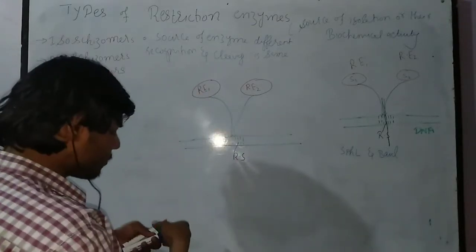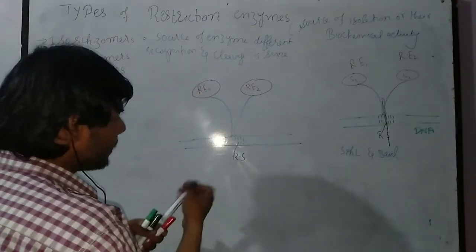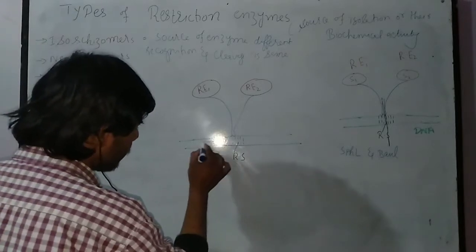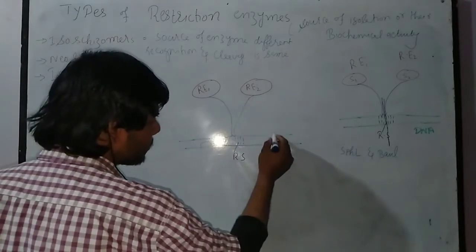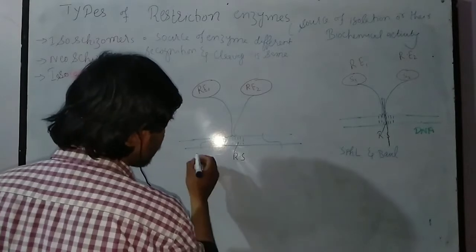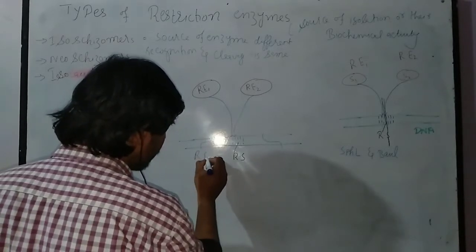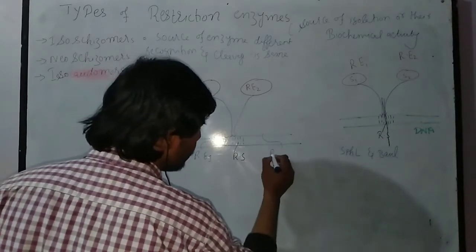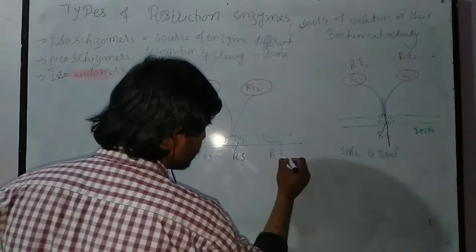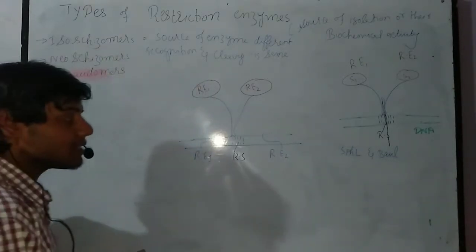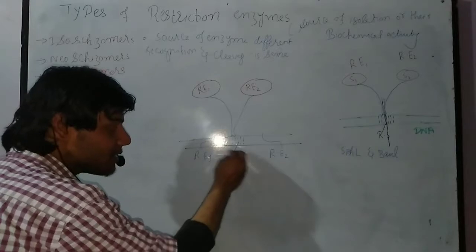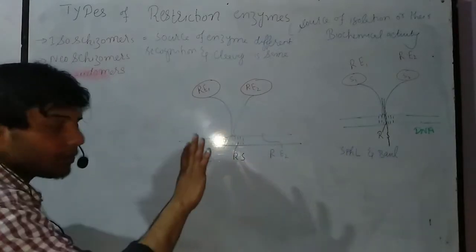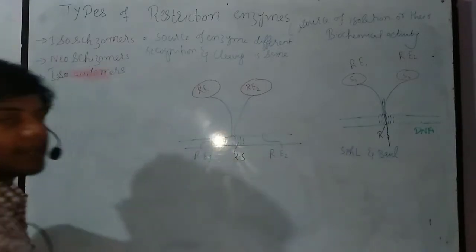Suppose this one restriction enzyme will cleave that specific area and this one restriction enzyme will cleave that specific area. So this is restriction enzyme 1 cleavage point and this will be the cleavage point of restriction enzyme 2, but the recognition sites or recognition sequences will be the same, while the cleavage site will be different.